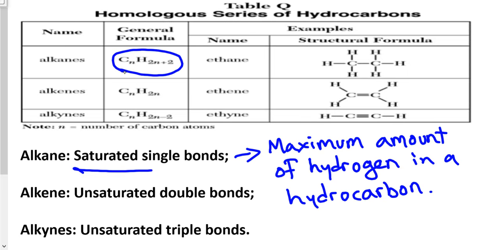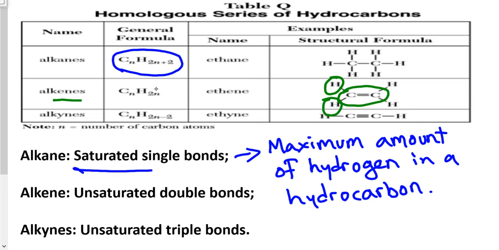For alkene, the name ends with E-N-E, and it's not saturated because there is a carbon-carbon double bond. So when you have a carbon-carbon double bond and you know that a carbon can only create 4 bonds, and you are already using 2 bonds with another carbon, then you only have 2 more bonds to form a bond with hydrogens. If you compare alkane with alkene, you will realize that alkanes have more hydrogen attached with the carbon compared to alkene.